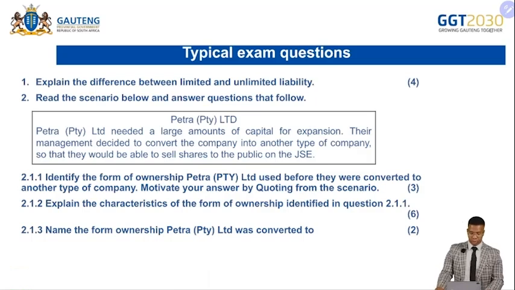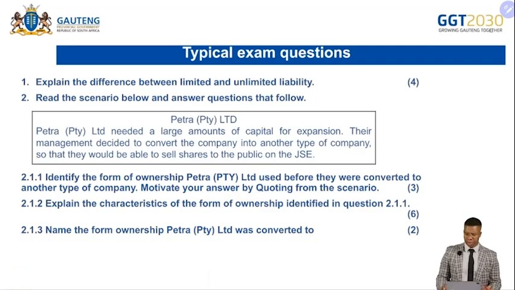And then 2.1.2, explain the characteristics of the form of ownership identified in question 2.1.1 for 6 marks. And then 2.1.3, name the form of ownership Petra Pty Ltd was converted to for 2 marks. Now, let's start with the first part.